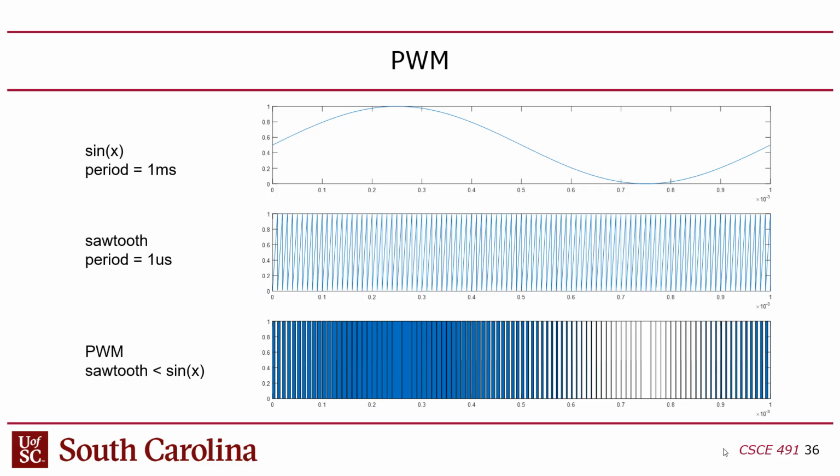Okay, so we're going to be using PWM in this class in one of our projects to generate an audio signal out of the ESP. The ESP does have digital to analog converters, but we're using the PWM for the audio to see what kind of quality audio we can get out of that.